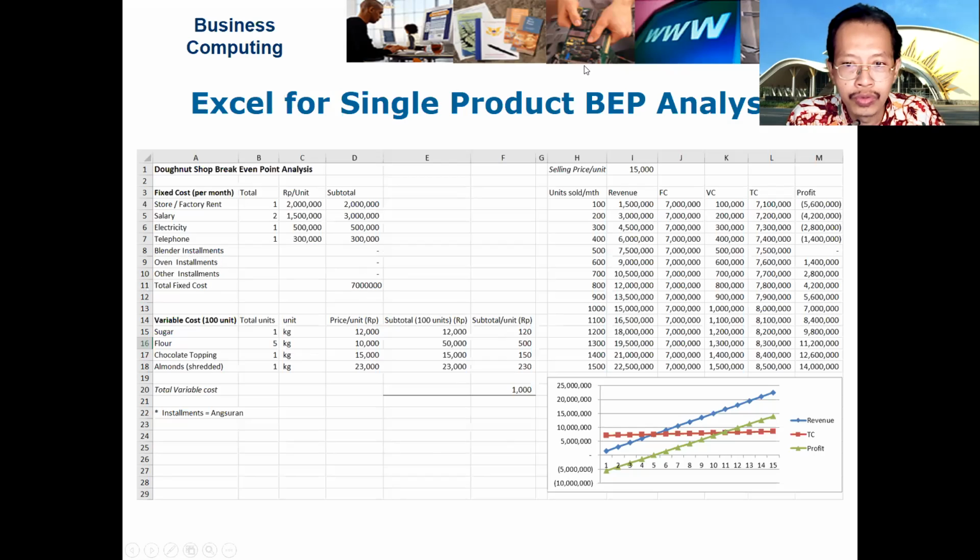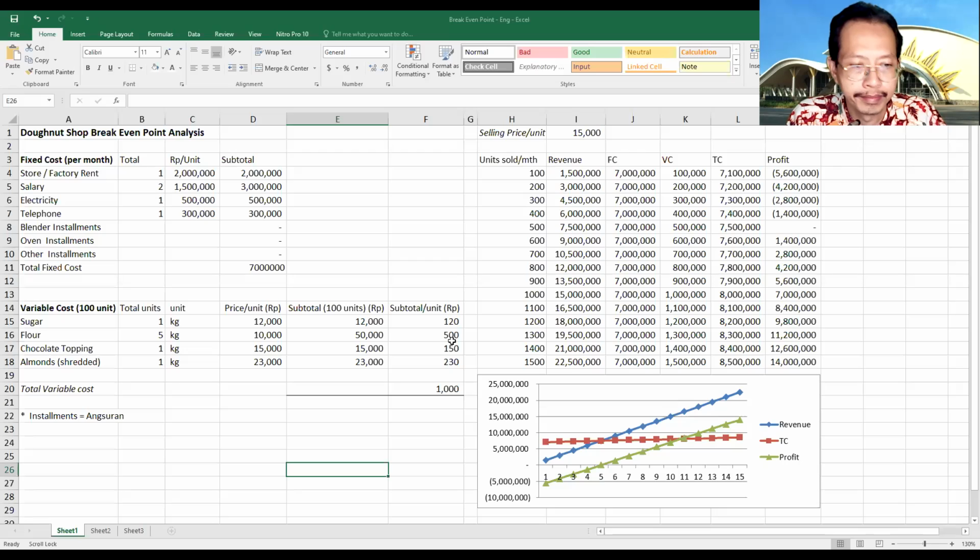I'll show you using the original Excel, so you might understand it more easily. Here is the Excel I have prepared.